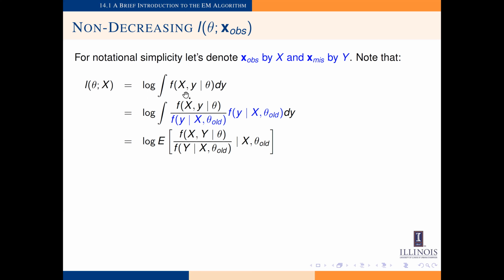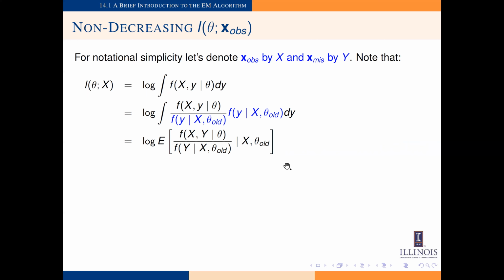If you multiply and divide inside the integral by this thing in blue, then you can see that this is equal to this. And the second line of equations is essentially equivalent to the natural log of the expectation of this ratio between f of x, y given theta and f of y given x and theta old, conditioning on x and theta old. So this is a conditional expectation.